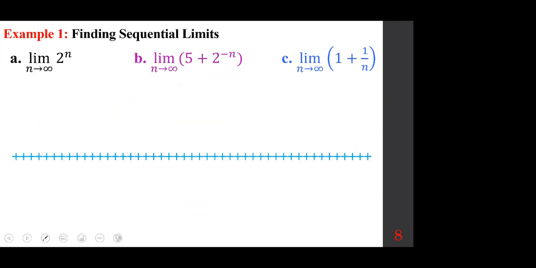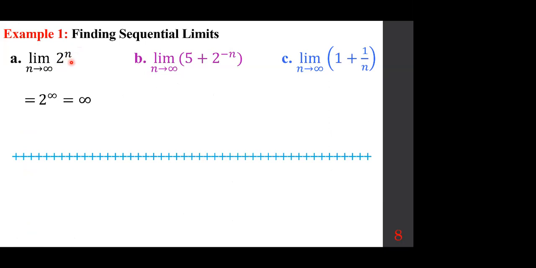We can go with that theorem or just plug in. What do I get if I plug in? I get 2 to the power of infinity. Am I correct, class? What is 2 to the power of infinity? Infinity. Done. Beautiful.